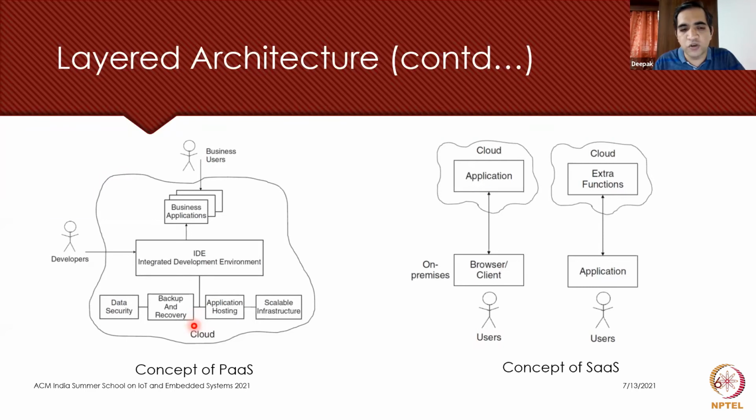Assuming that some execution was happening, and suddenly the node on which it was happening fails, there needs to be some mechanism to recover the computation. That's where backup and recovery come into place. And there can be various kinds of applications that are hosted. So you can have this entire stack as part of the platform as a service. So this is how internally these services would look like.